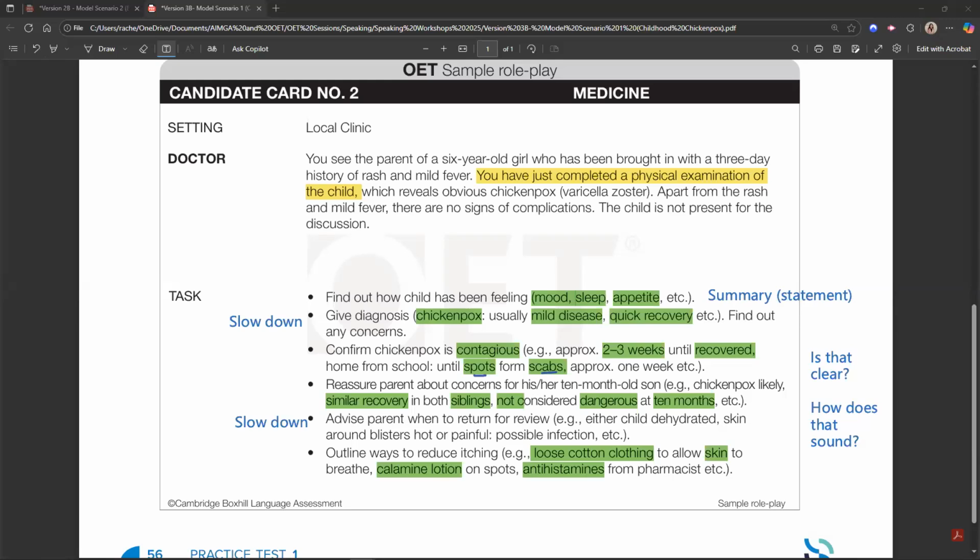In the meantime, I can prescribe antihistamines. You can buy them from the pharmacy. It will also help your daughter to reduce itching. Another important thing I would like to mention is that loose cotton clothes are also very important, because they allow skin to breathe. So it will help.